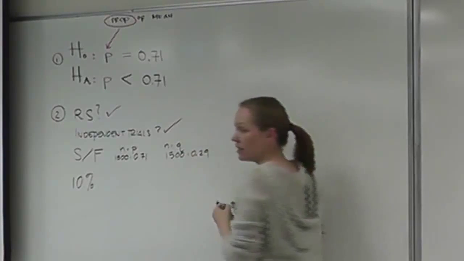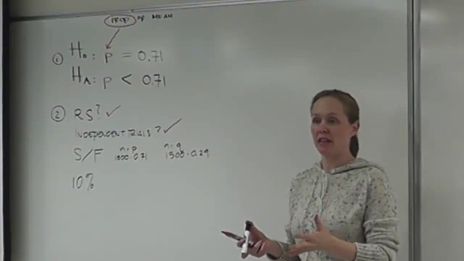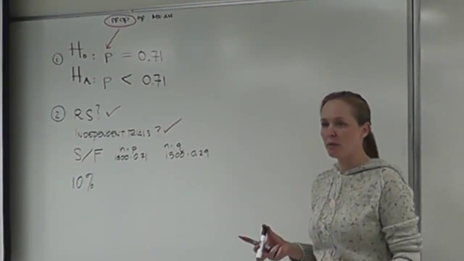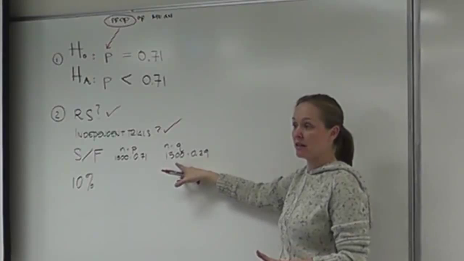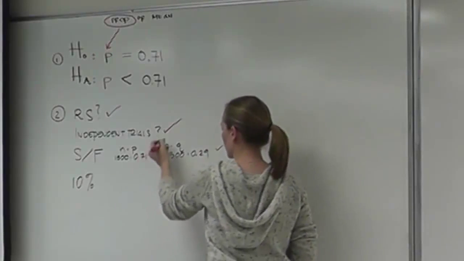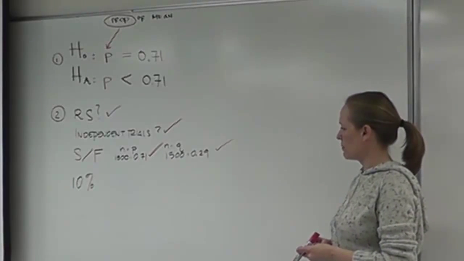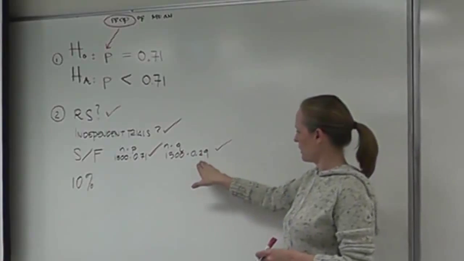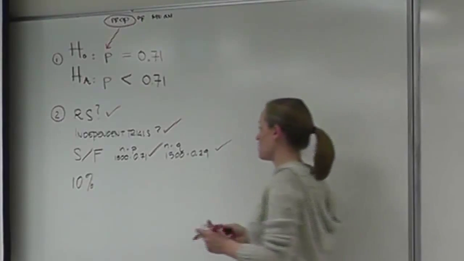That's the complement of P. I'm not even going to bother putting these into a calculator. I think we can both see that 71% of 1,500 and the 29%, they're both well above 10. So I'm going to check these out. If you want to put the products there, you may. But our sample size is so large, and this is such a reasonable size proportion for each of them, I'm not worried about it.